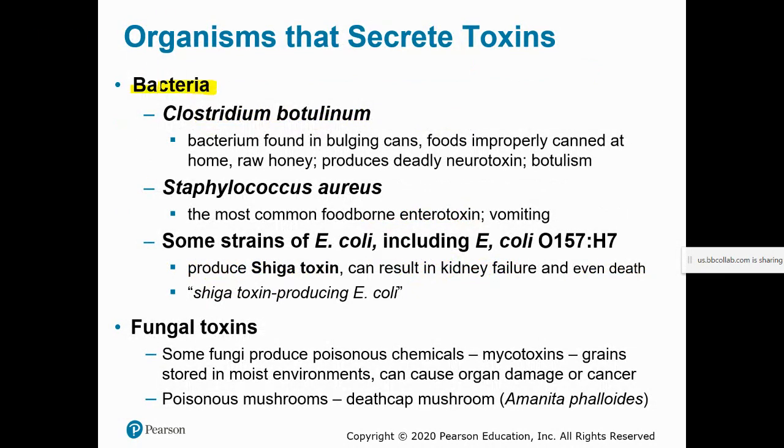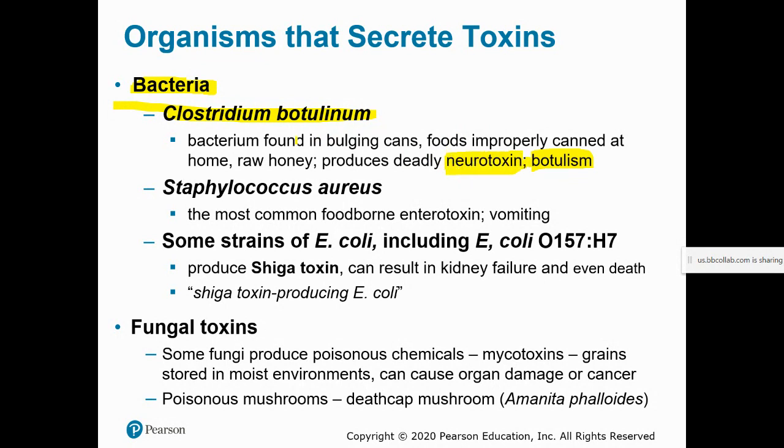So a few different types of bacteria that secrete toxins are relatively common in our food supply. Clostridium botulinum, and you might be familiar with the disorder called botulism. Clostridium botulinum is a bacteria that produces a neurotoxin. That means it affects the brain, the neurological system.